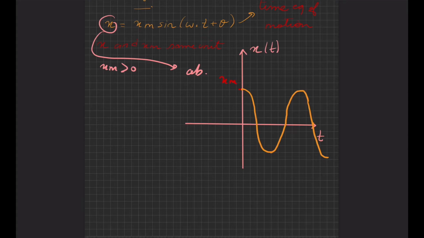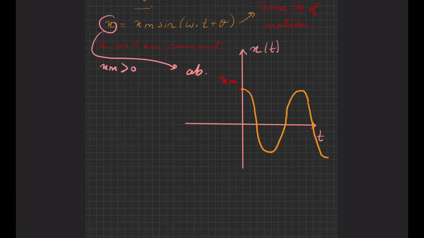So if I want to draw it for you, we start at point xm, and then it starts decreasing, and here is the equilibrium position, and then it will move further to a compression, it will further compress. That's how we explain the whole time equation of motion.